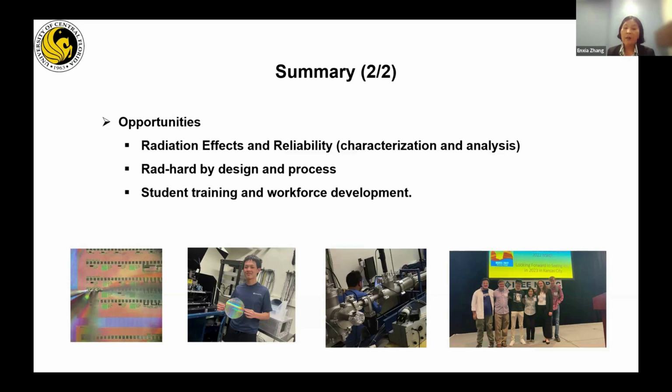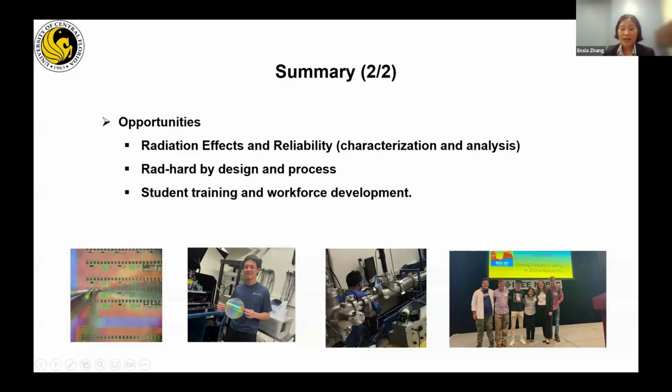And the major part here is workforce development. This is a design we fabricated with our partners at Skywater. And these are my high schoolers. I did training. I get high schoolers for summer internships every year, so they can get into electrical engineering or related careers.